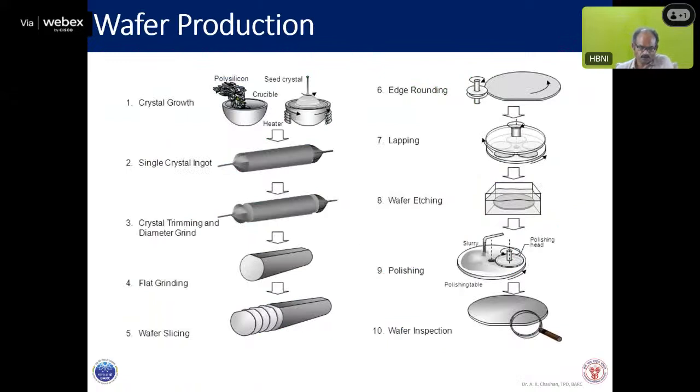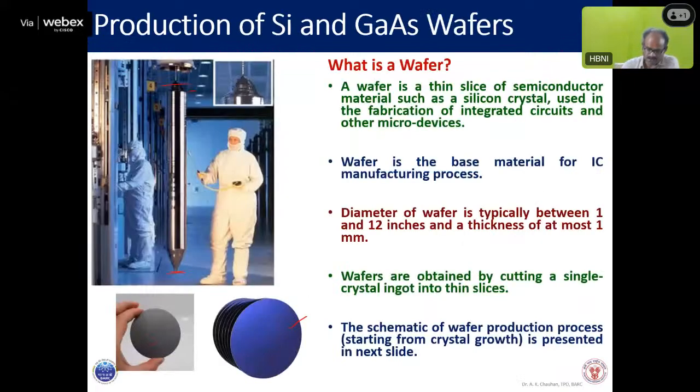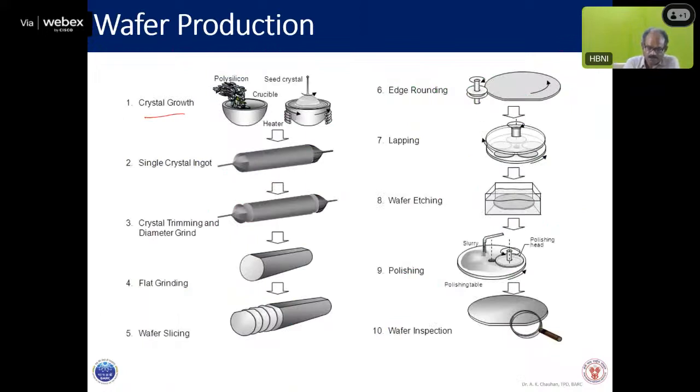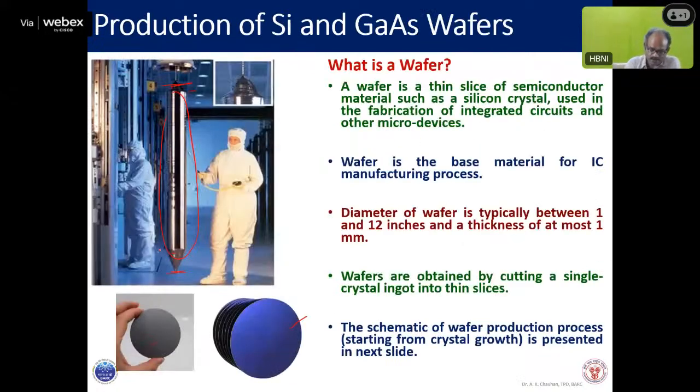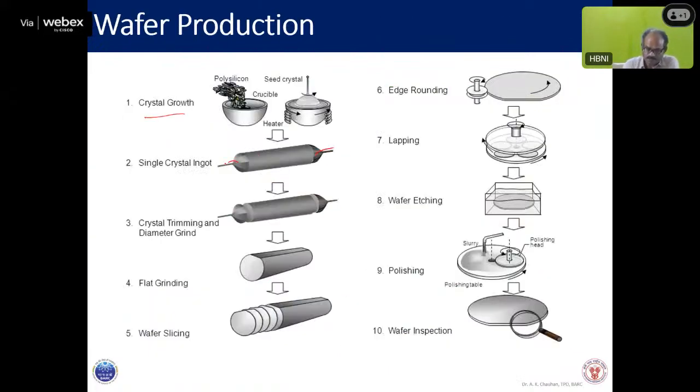Now, how is the wafer produced? So first thing is crystal growth. You grow a crystal like we saw here. Suppose you have grown a crystal now, and there are two portions here and here. You cut from these two places, and then you remove these portions, and you will get this kind of crystal.